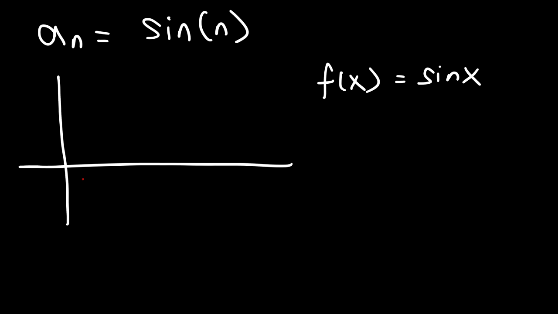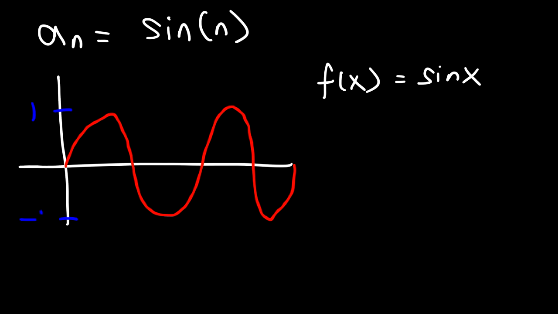Sine x is an oscillating function that looks like this. It varies between 1 and -1. So we could say it's bounded below at -1 and bounded above at 1. Therefore, the corresponding sequence, sine n, is a bounded sequence.